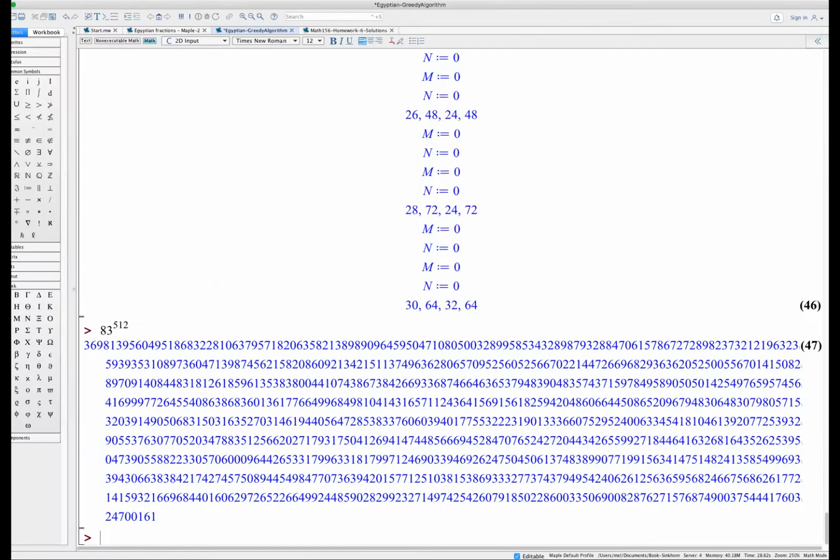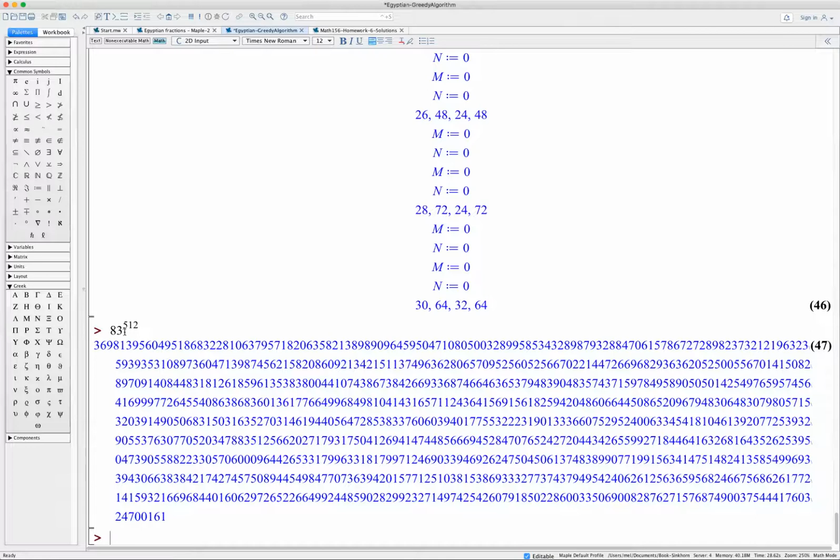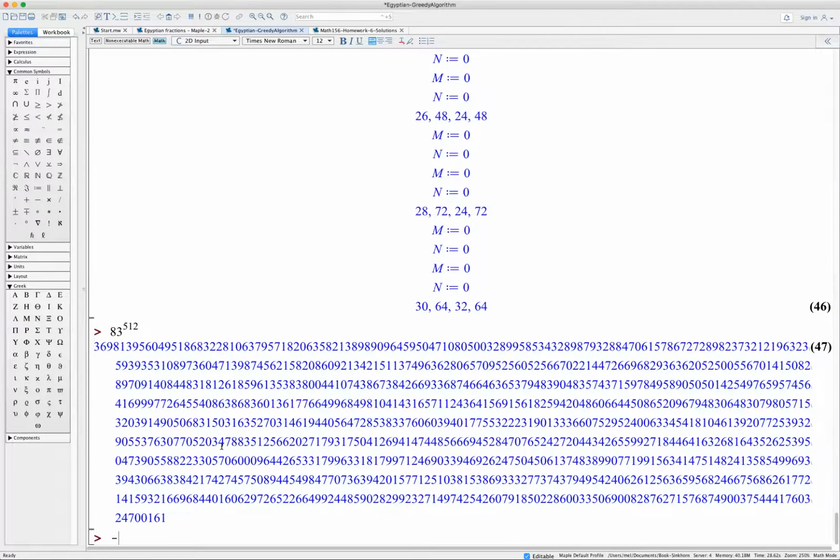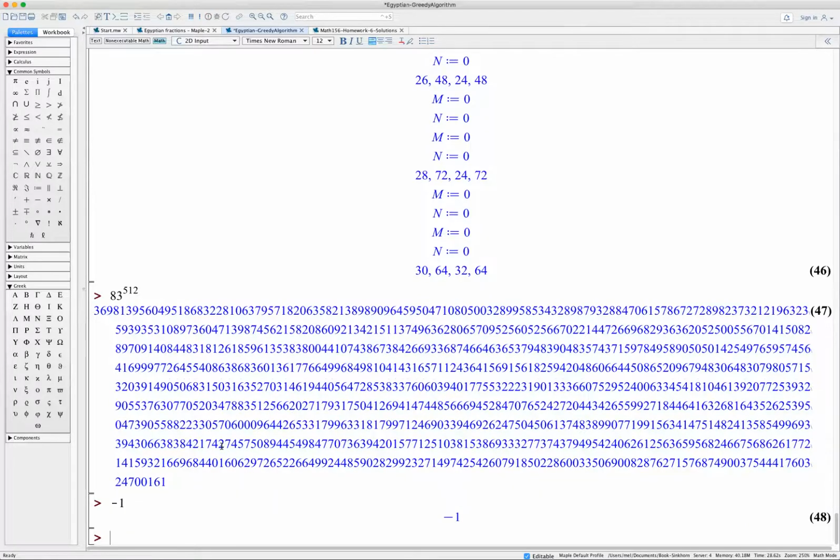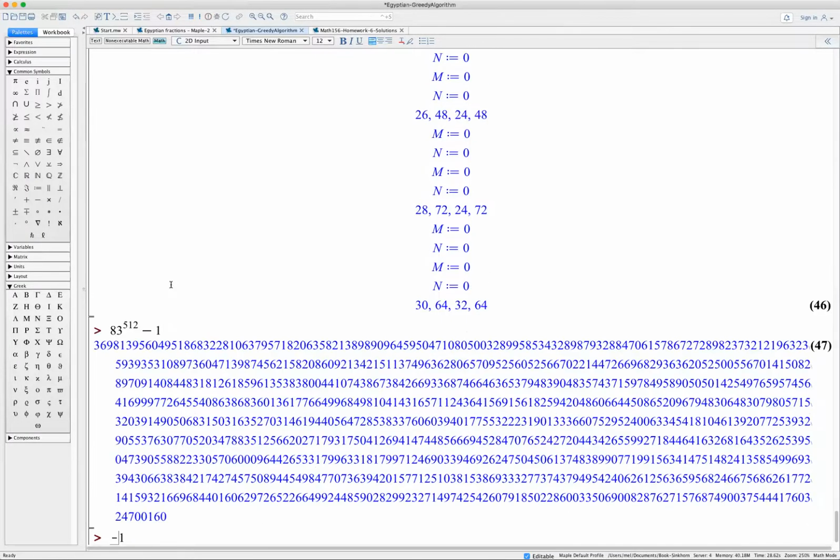Actually, Maple can write it out. Here is 83 to the 512th power. Pretty big. Not sure you would want to do that by hand, but Maple actually could do it. I'm surprised. Suppose I subtract 1. I have this number, and I subtract 1.